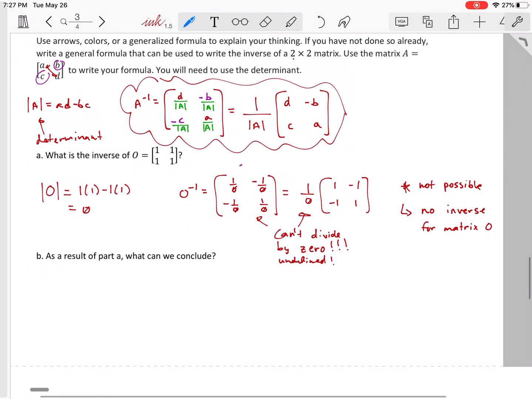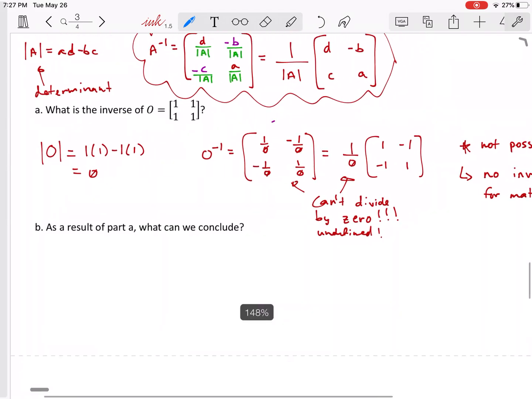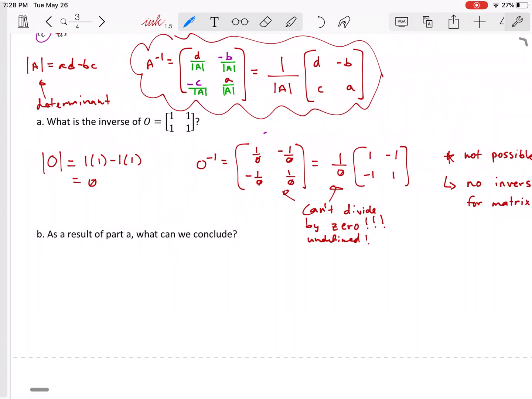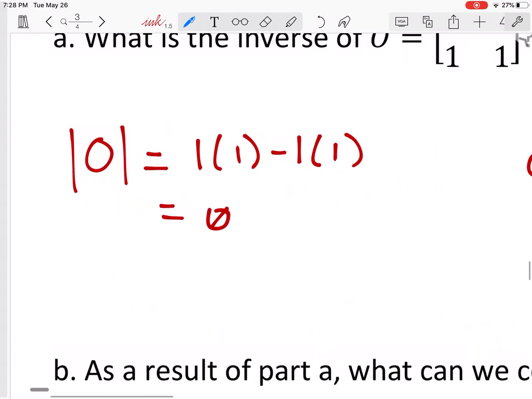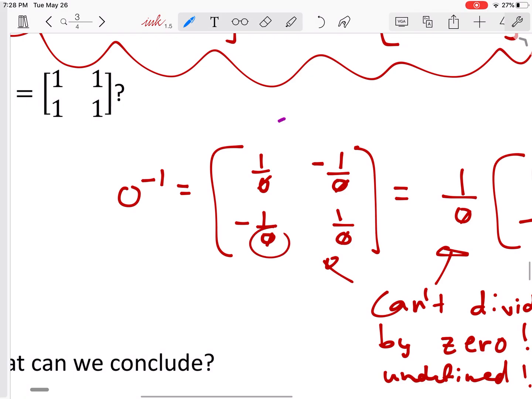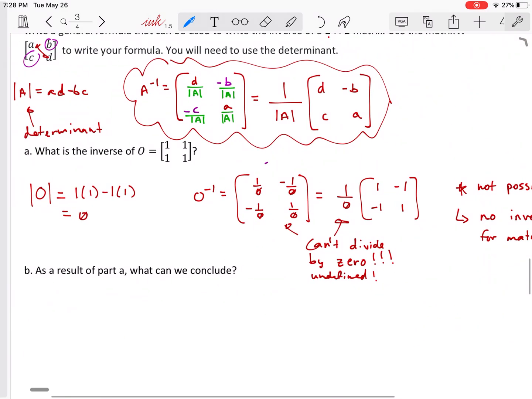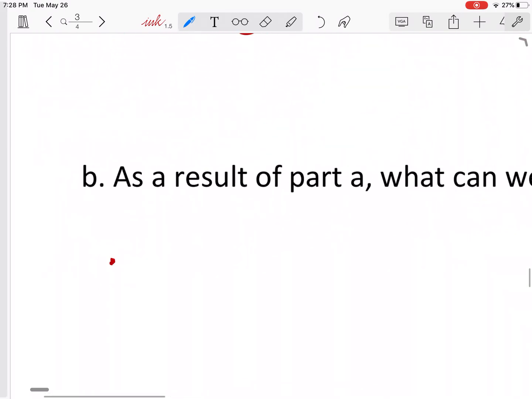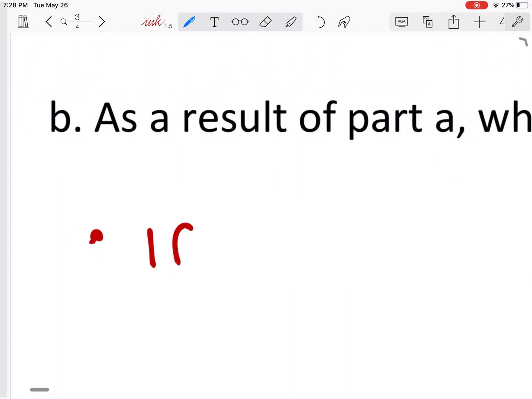So we've just realized that some matrices have inverses, but in some cases they don't. So as a result, what can we conclude? When will they not have an inverse? Well, the determinant is really what caused that. It caused the denominators to be 0. So if a matrix has a determinant of 0, will it have an inverse? No. So that's our important theorem here.